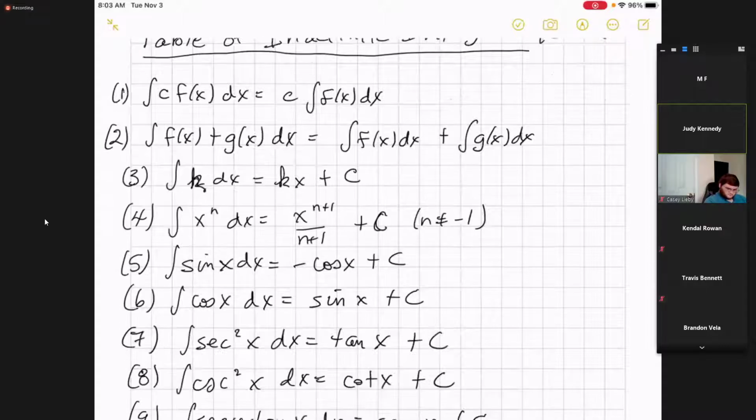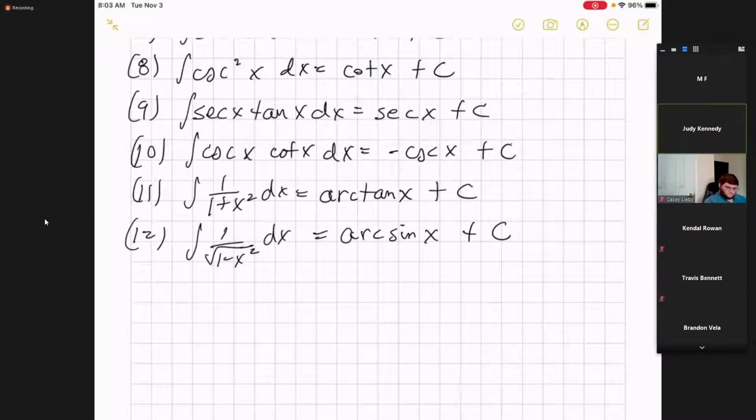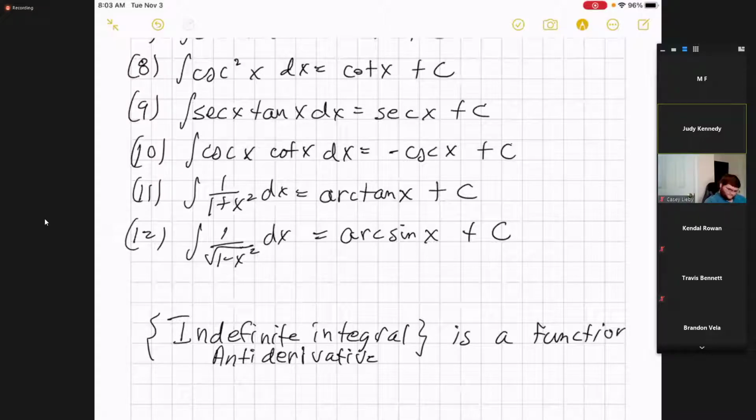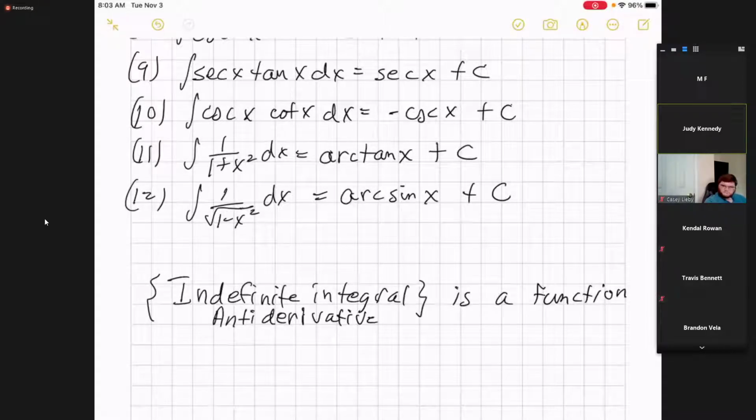We'll go through them in a minute, but remember that an indefinite integral, I think of that as being the same thing as an antiderivative. This is a function in case you need just one of them.